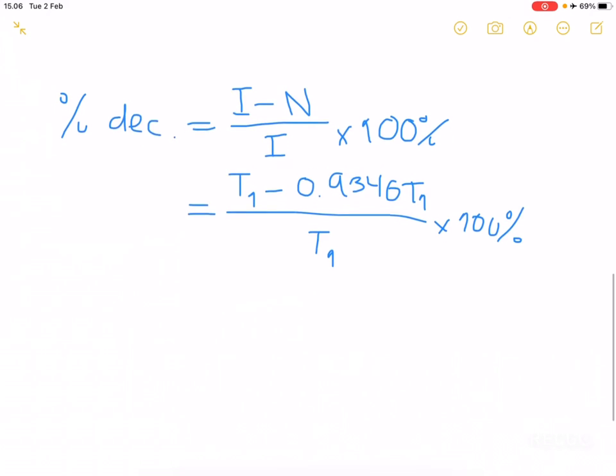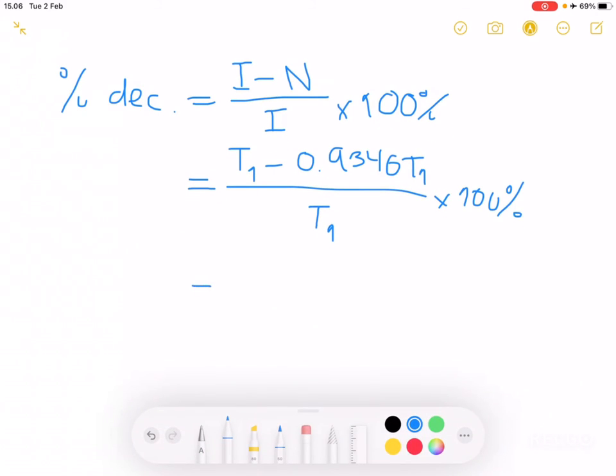And we can just calculate the numerator, and this will become, so let's see. So we'll have T1 minus this, so we can just write this as a subtraction problem, like so.